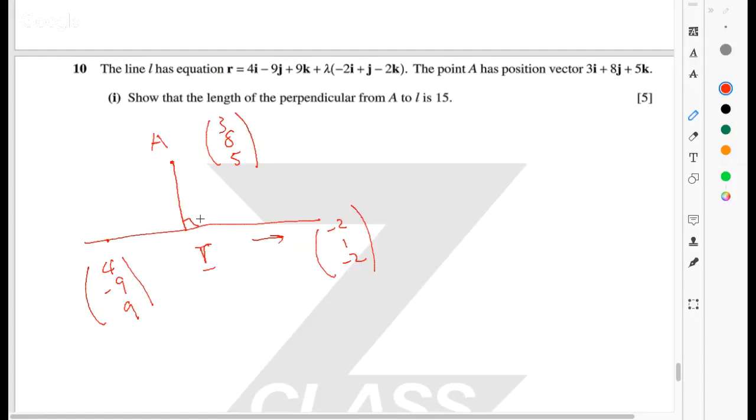Well, personally, I think the easiest way of doing this question is to say that the perpendicular must have a direction vector that's perpendicular to the original line, because that's just the definition. But how do we find the perpendicular line?